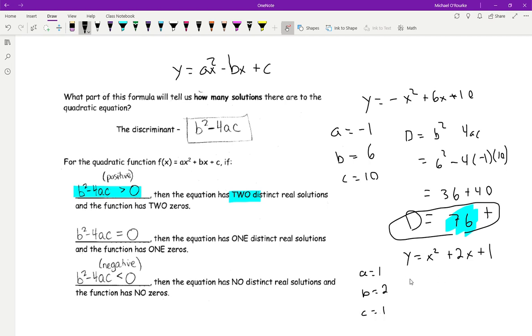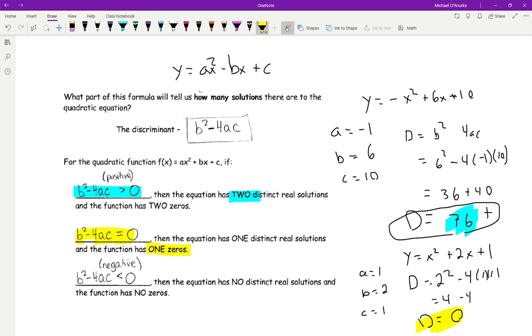So we plug that stuff in. Discriminant equals 2 squared minus 4 times 1 times 1, which equals 4 minus 4, which equals 0. So if you look here, I get an answer of 0. And if it's 0, there's 1 zero. Okay?